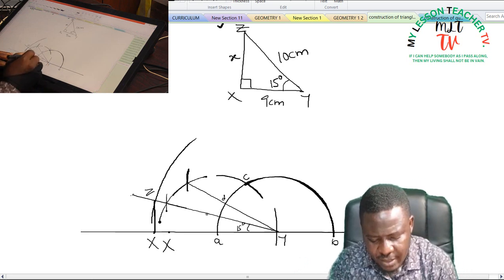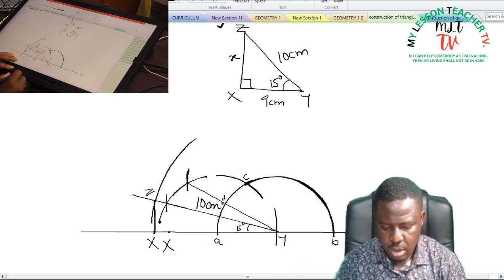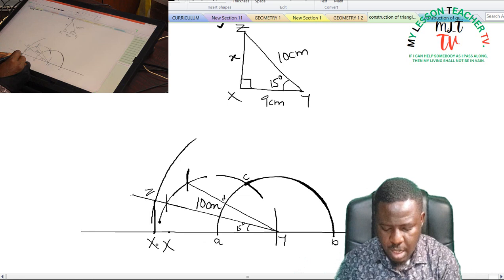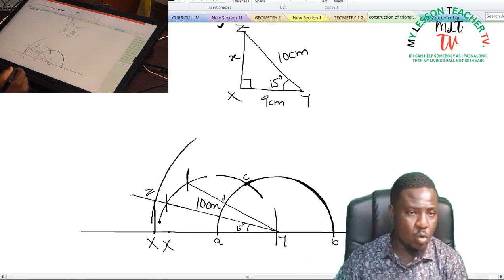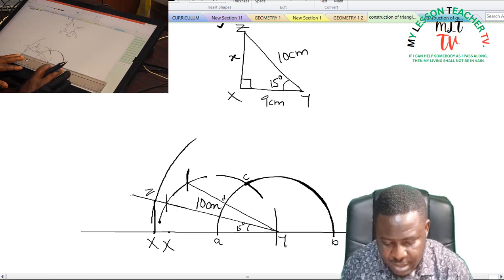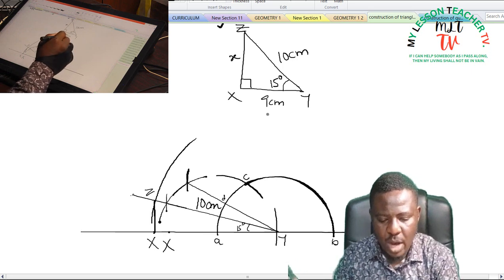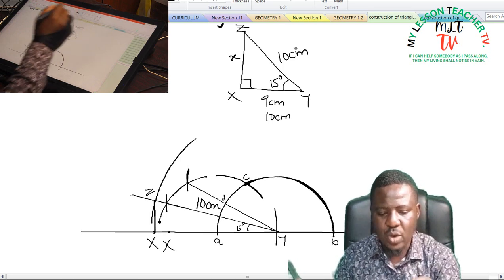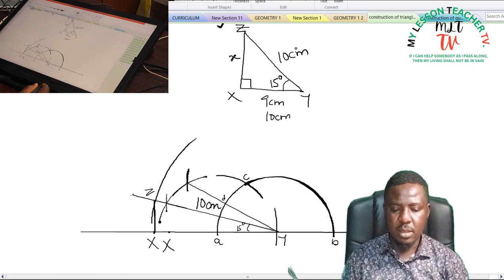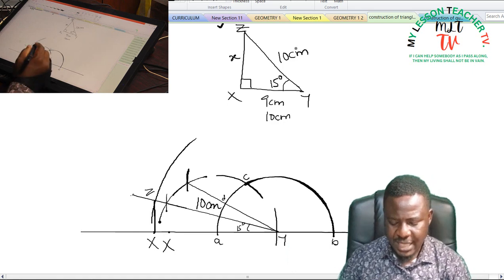So one striking thing is that line XY may be equal to 10 centimeters, same as the other side, and it is correct. So what we have in essence is that line XY is 10 centimeters as well as the hypotenuse, which is line segment YZ. So this is how to construct.